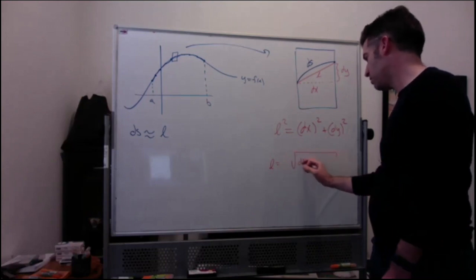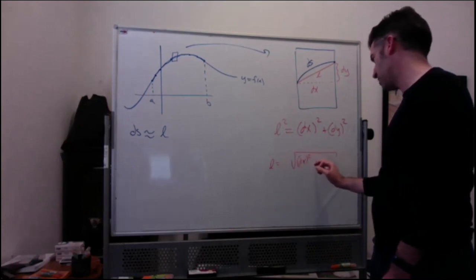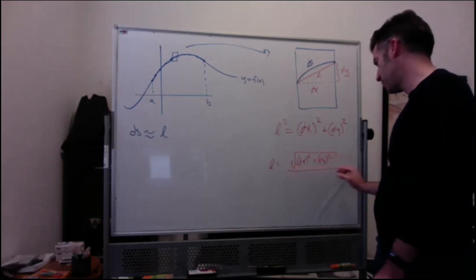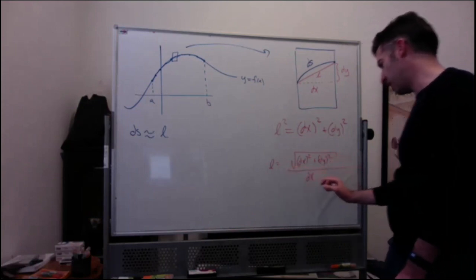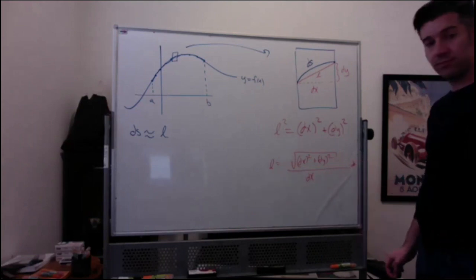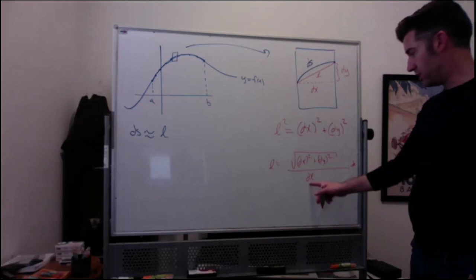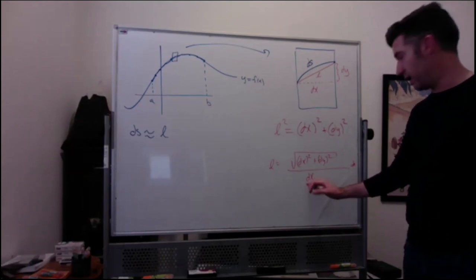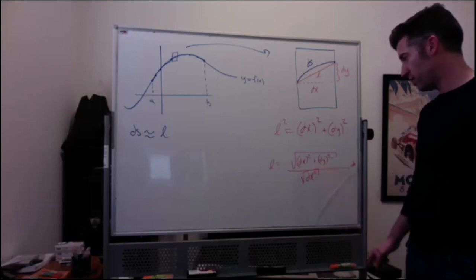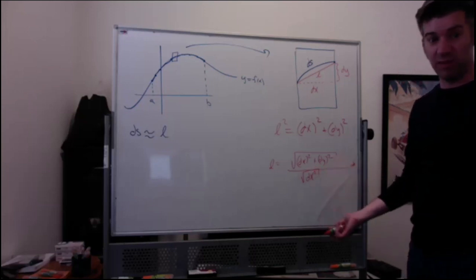Then I'm going to also divide this side by dx and multiply this side by dx. But dx I can rewrite as the square root of dx squared, and a square root over a square root I can make one big square root.